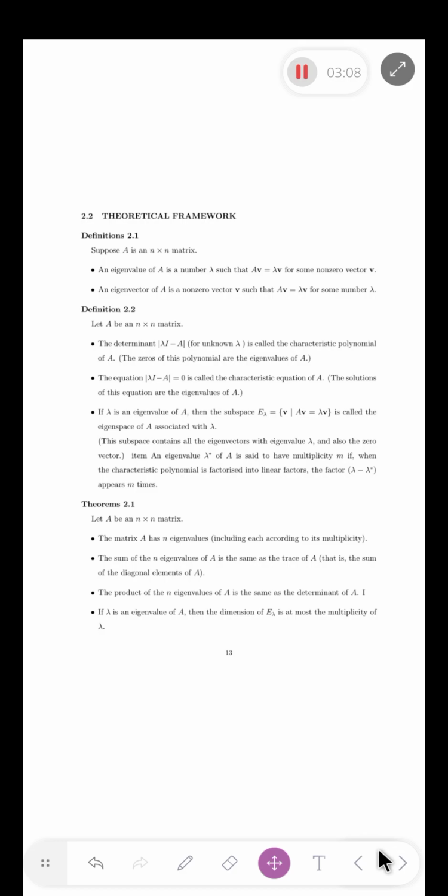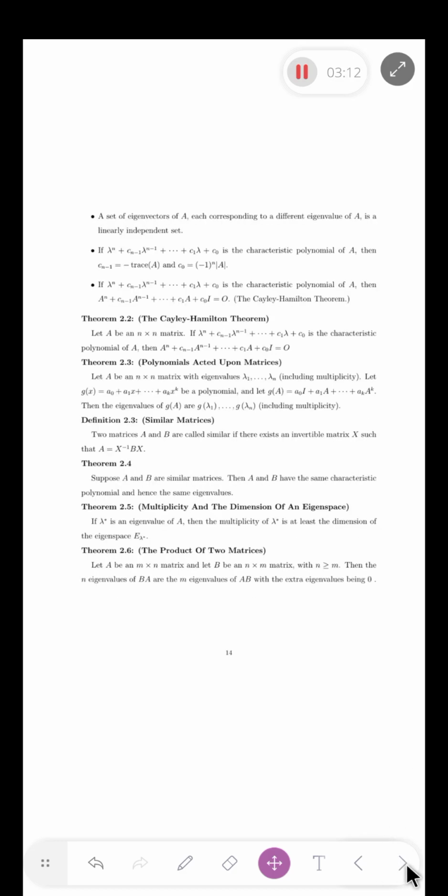We also have four other theorems, which are theorem 2.1 and theorem 2.2. Theorem 2.2 is titled the Cayley-Hamilton theorem. We also have theorem 2.3, which is a polynomial acted upon a matrix. The proof of the Cayley-Hamilton theorem will be well presented when it's time for the project.